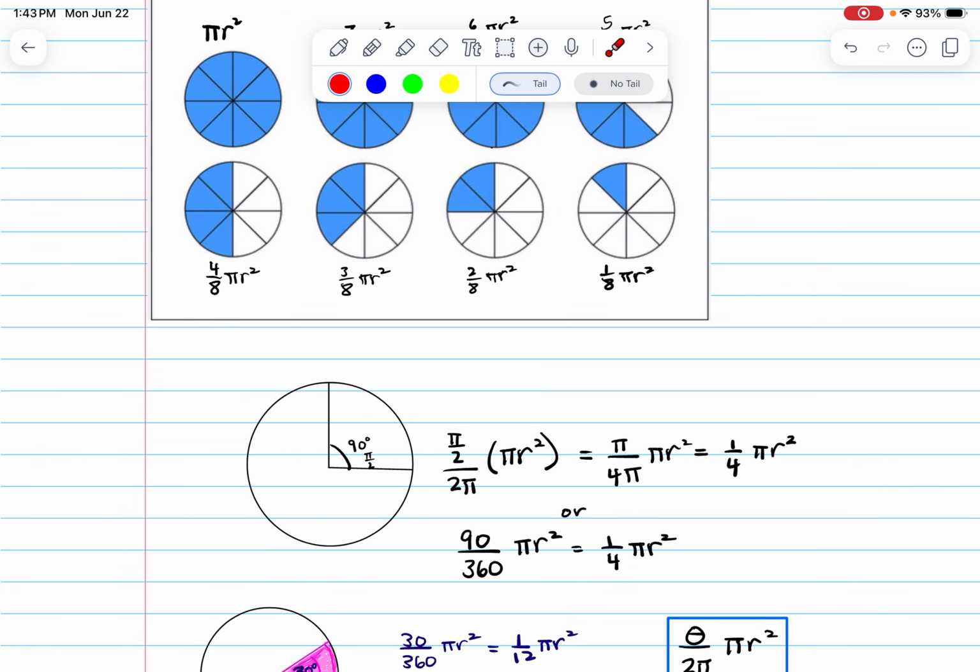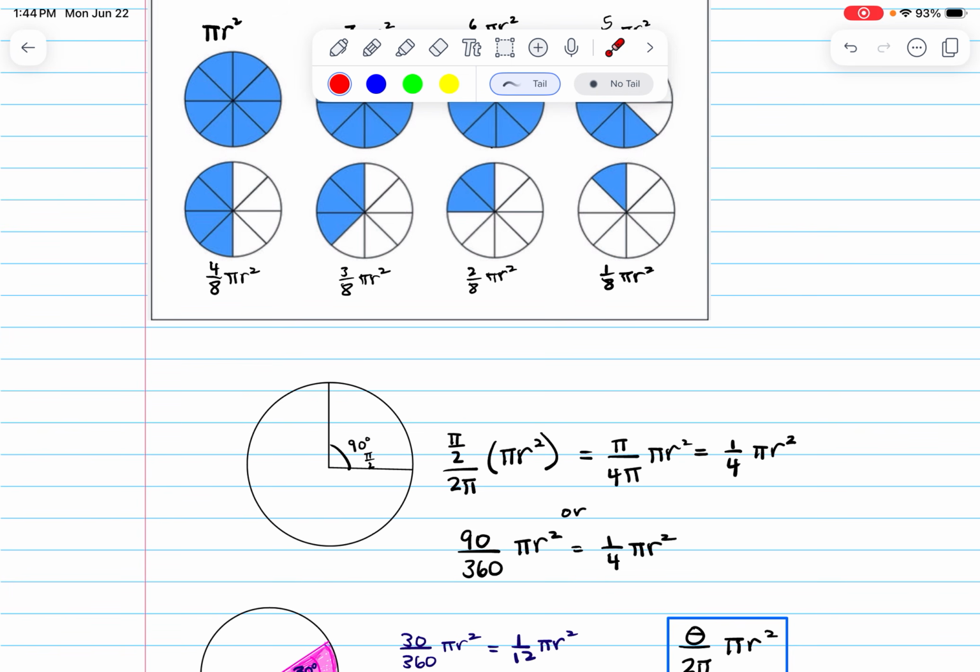The way I'm going to identify that sector is I'm going to say, okay, this is 90 degrees here, or pi over 2 radians. So the question is, how much of the circle is this little wedge? Pi r squared is the entire circle. This is a fraction of that. And in fact, this 90 degrees is 1/4 of the circle.